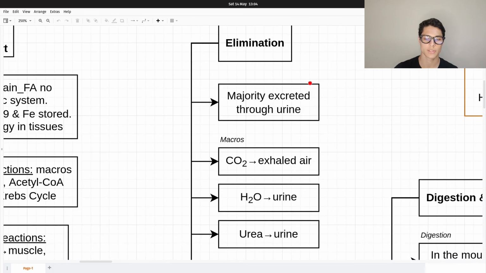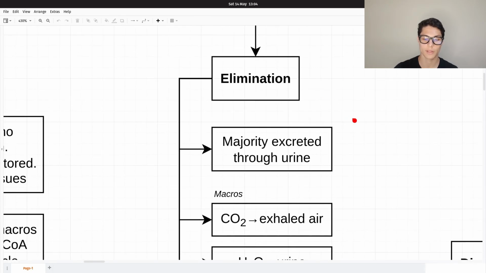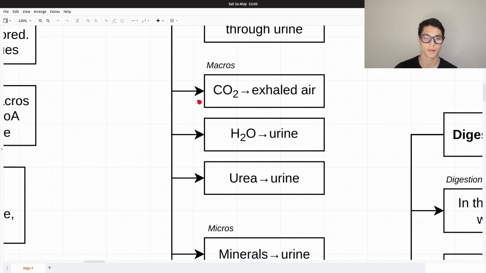And then we have elimination, because when we have too much, or when we have already used those nutrients and we don't need them anymore, we have in some cases to eliminate them. The majority is excreted through urine. The carbons from macros are converted into CO2 from the metabolism and they are exhaled in air.